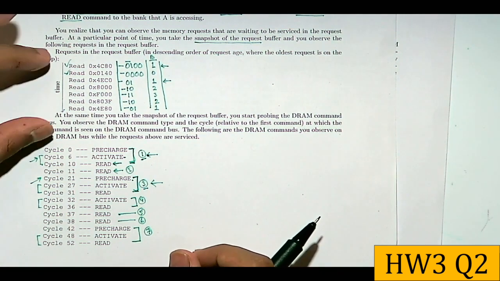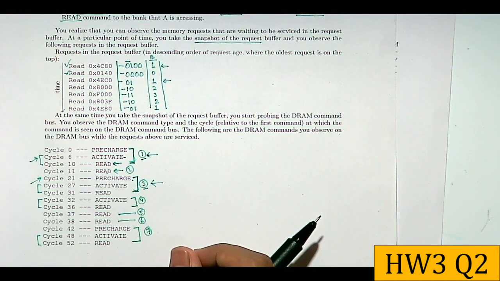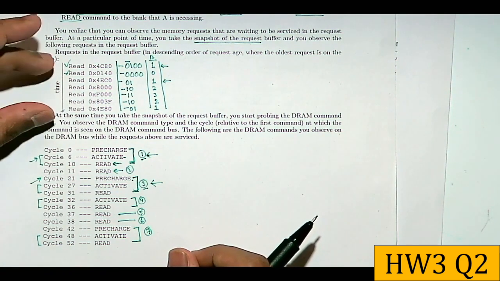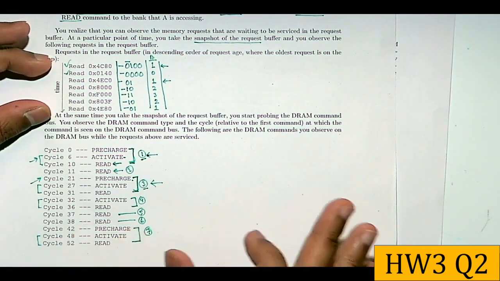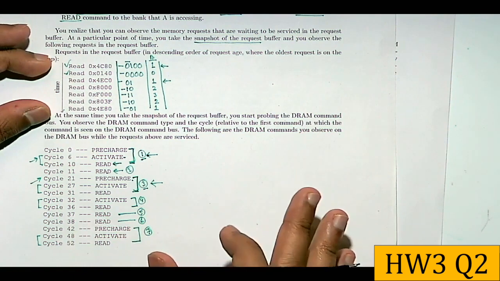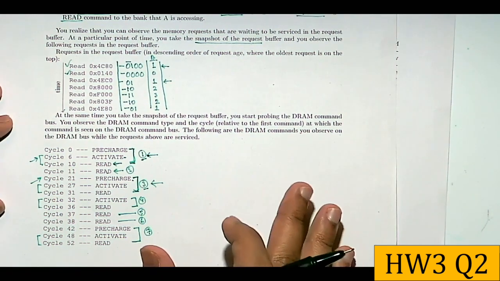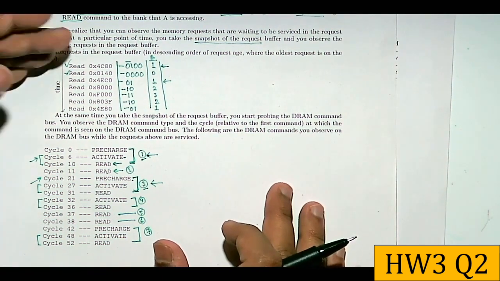No. So this means that before this behavior, you already have this many requests inside your DRAM request buffer. So from the scheduler point of view, at a time you have this, and now you just want to access these requests one by one.